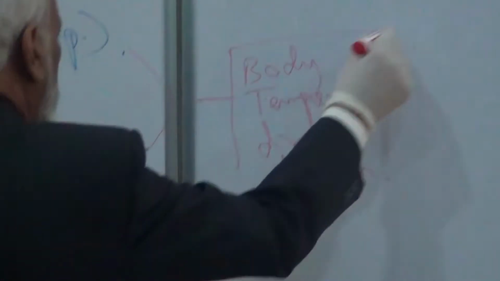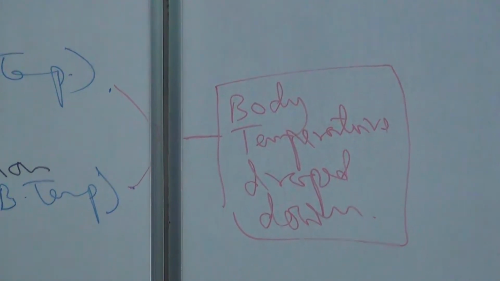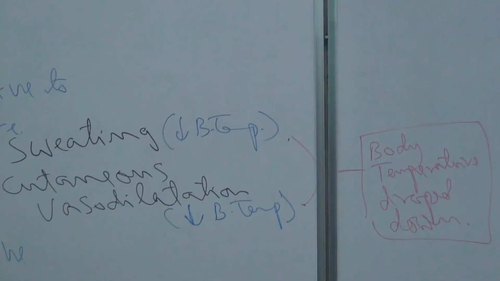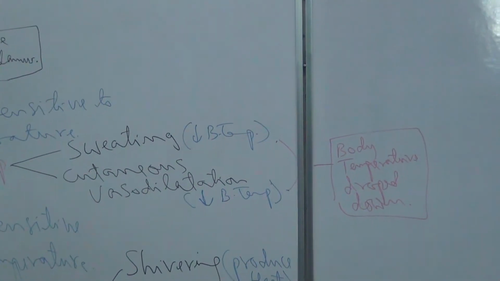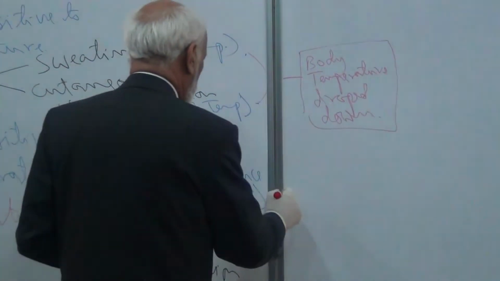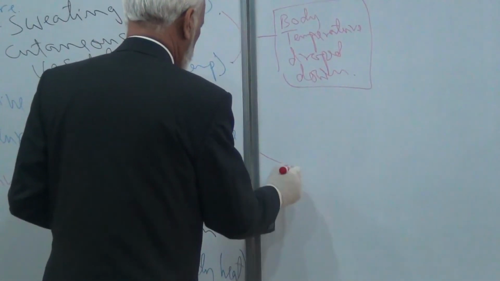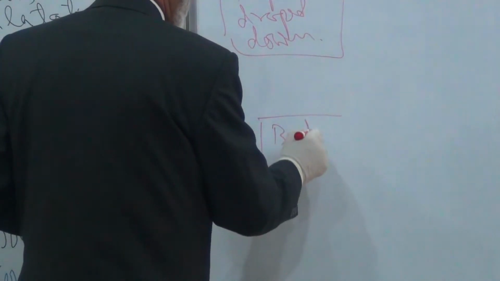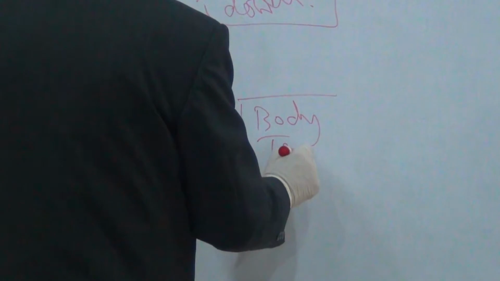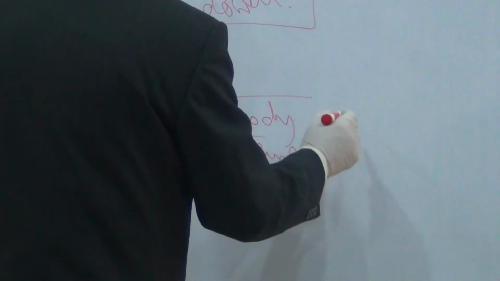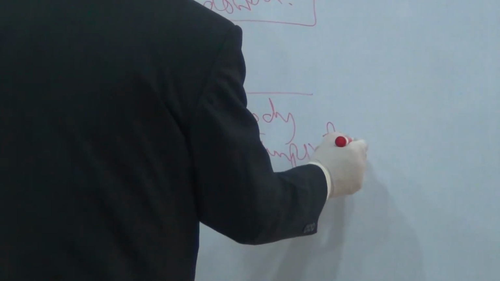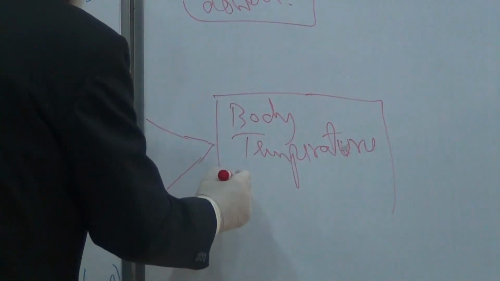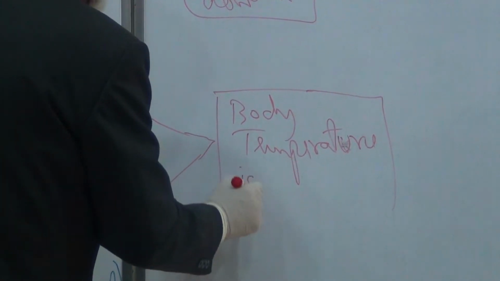And in case of the posterior nucleus, when the body temperature falls, it raises the body temperature, and by these two mechanisms the body temperature is raised.